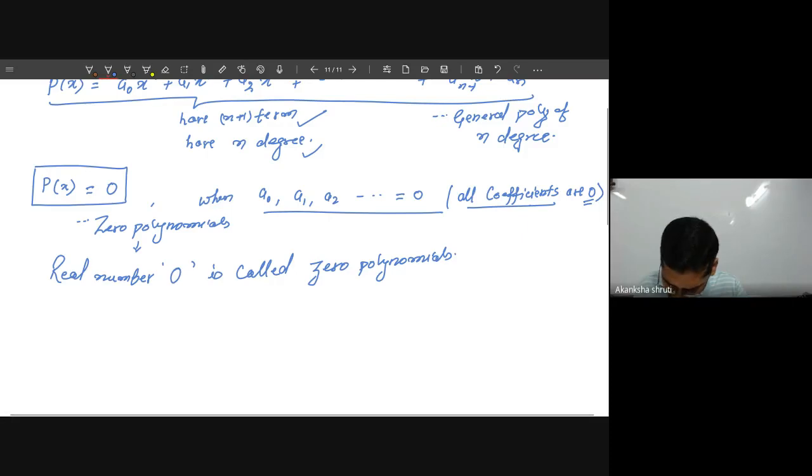So this 0 is called the zero polynomial. You just have to keep that in mind. Why is this 0 called the zero polynomial? Those things we also have to understand.